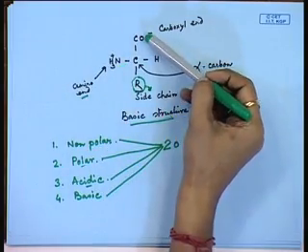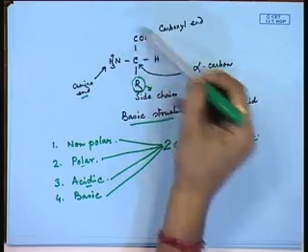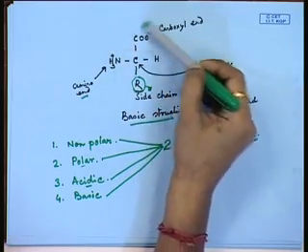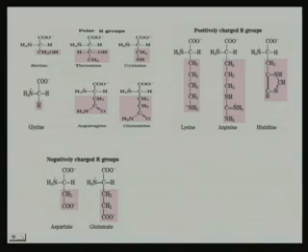So besides the carboxylic group within the core structure of the amino acid, an additional COOH group is present in both aspartic acid and glutamic acid, making the nature of these amino acids acidic. So these are the broad classifications of amino acids.